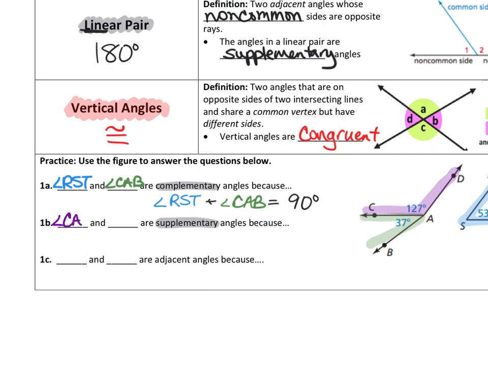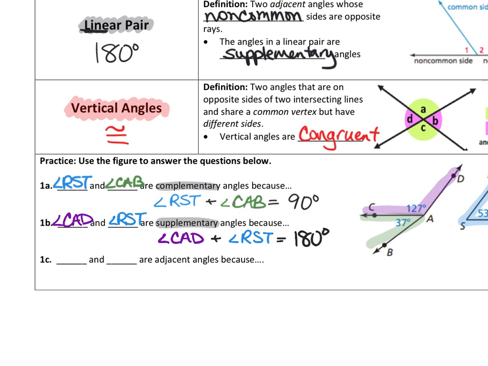CAD. And what's the name of the blue angle? We already named it, RST. So we're going to say they're supplementary because if we take their sum, angle CAD plus angle RST, it's exactly equal to how many degrees? 180. That's how you tell me why. That's the definition of supplementary.